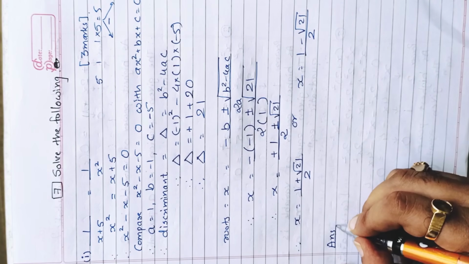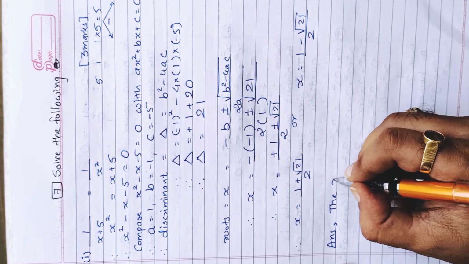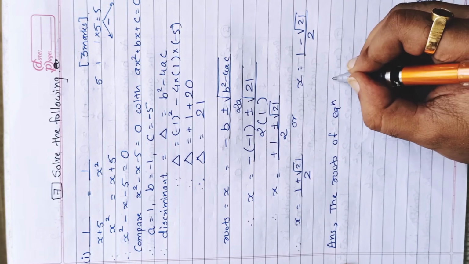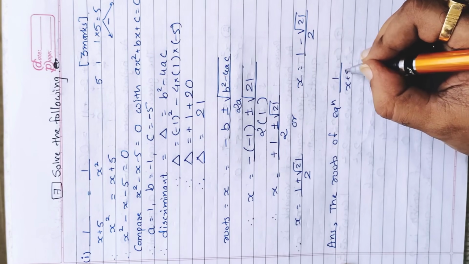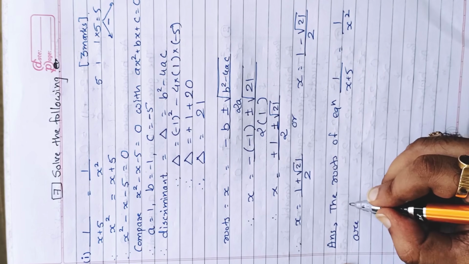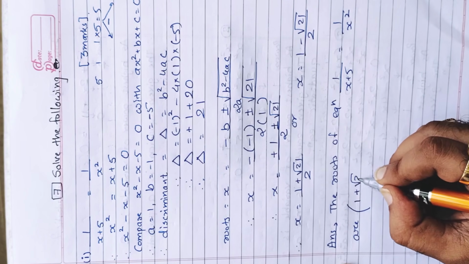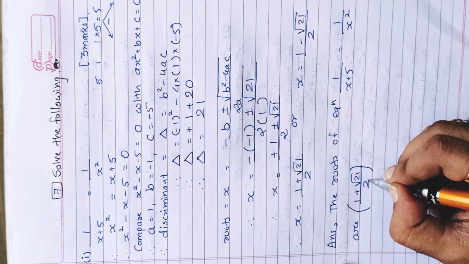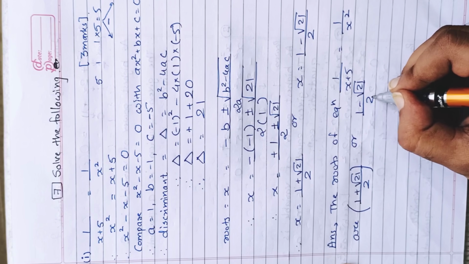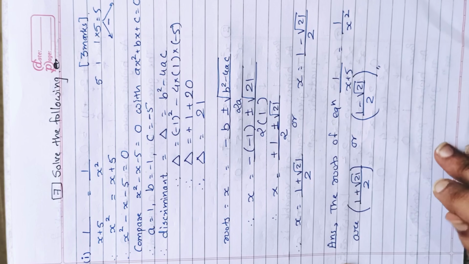Answer: the roots of the equation 1 upon x plus 5 equal to 1 upon x square are 1 plus root 21 upon 2 or 1 minus root 21 upon 2. This is the answer.